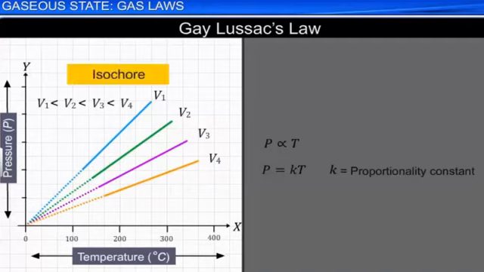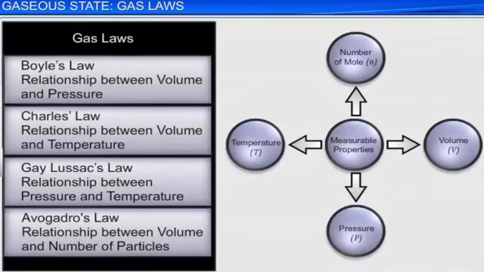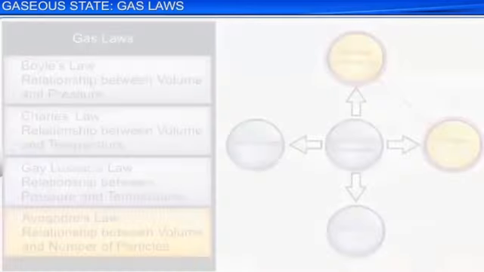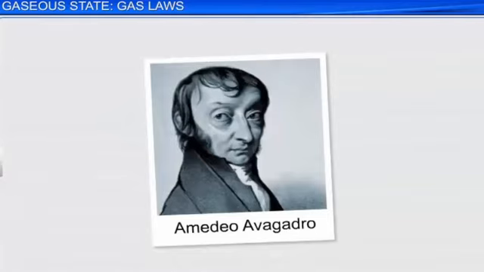The fourth gas law is Avogadro's law. In 1811, Italian chemist Amedeo Avogadro stated that at same temperature and pressure, equal volumes of gases contain the same number of molecules, irrespective of their chemical and physical properties.